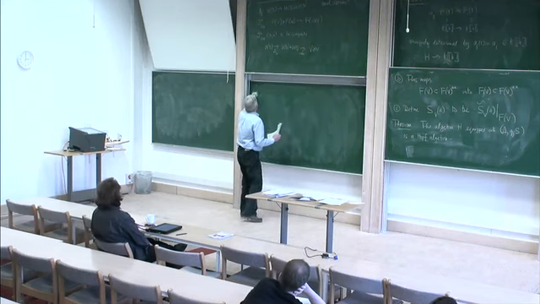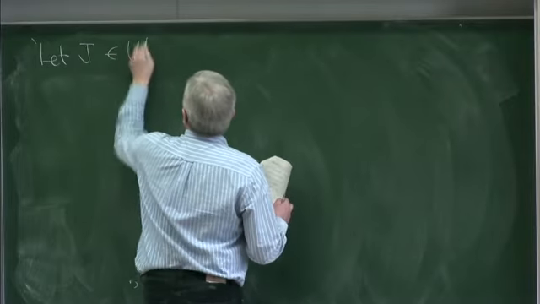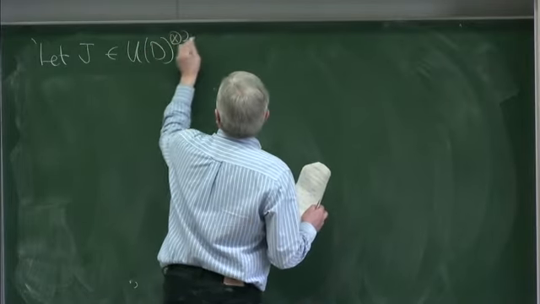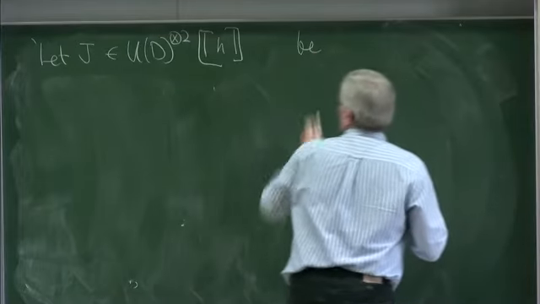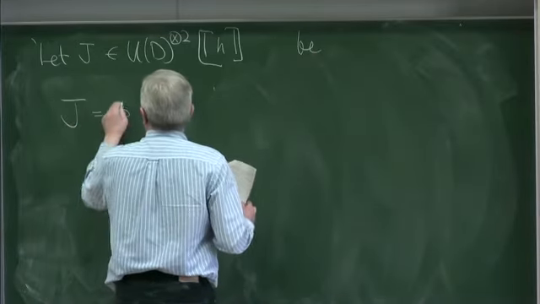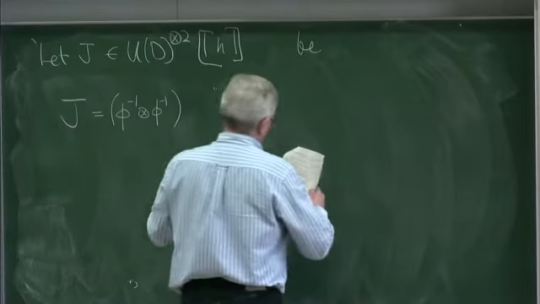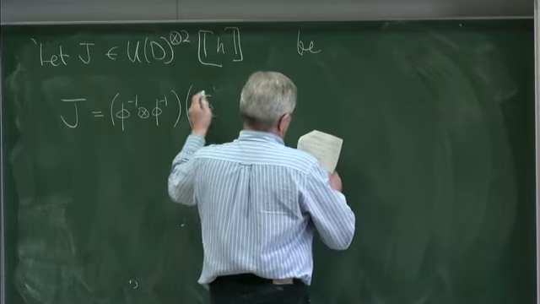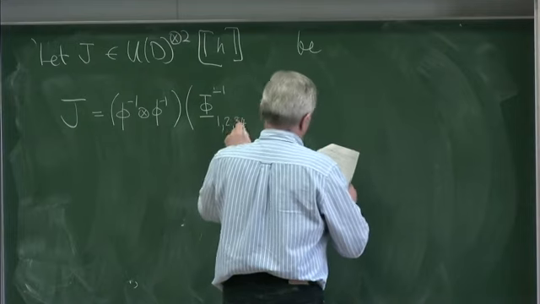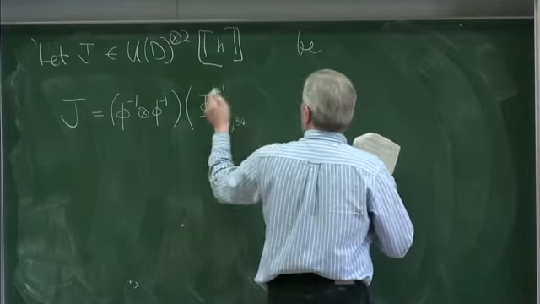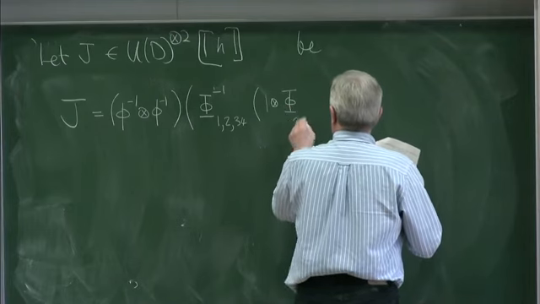Now what we do is let J in U of D tensor 2 be phi inverse tensor phi inverse of phi one tensor phi 2, 3, 4.